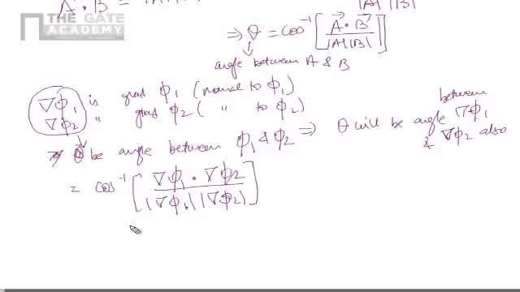So we know what phi 1 is and what phi 2 is. From that we can find del phi 1 and del phi 2 at the given point, 2 comma minus 1 comma 2. So what is del phi 1?